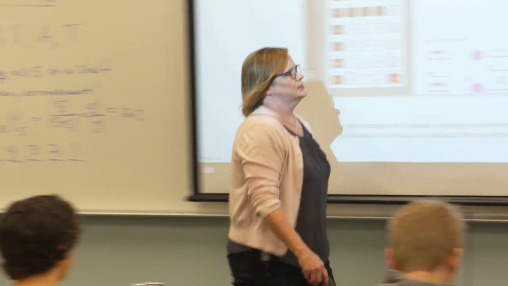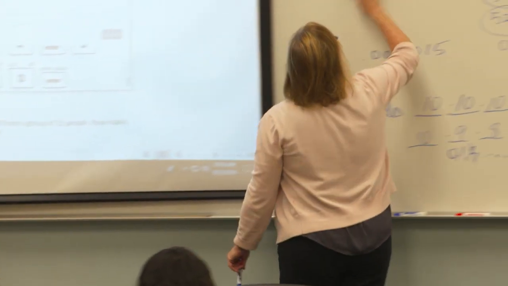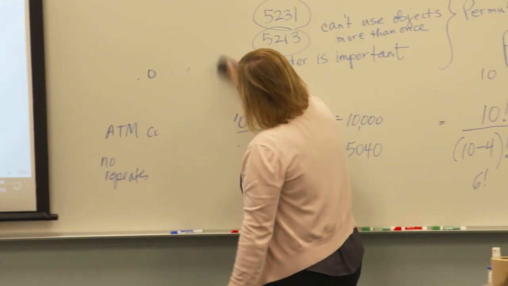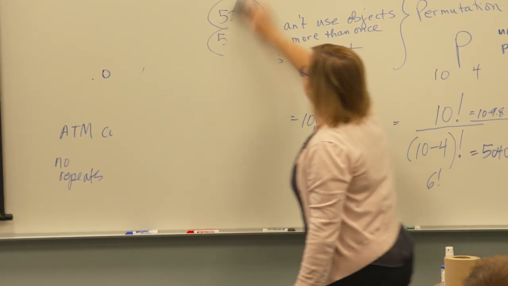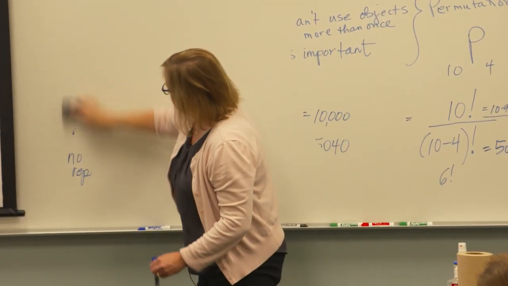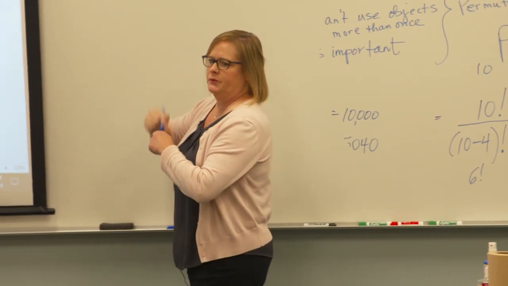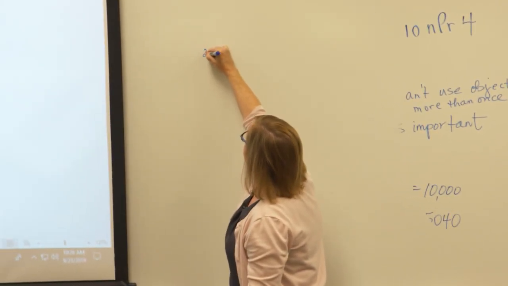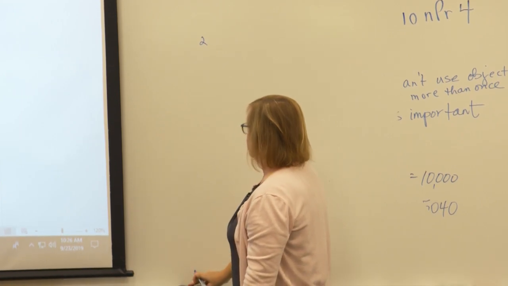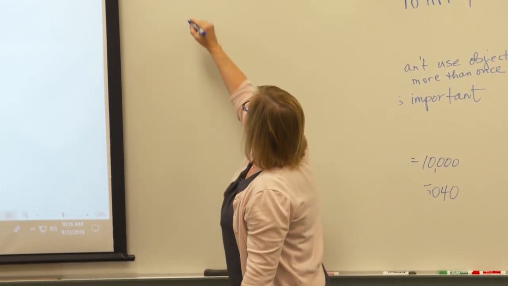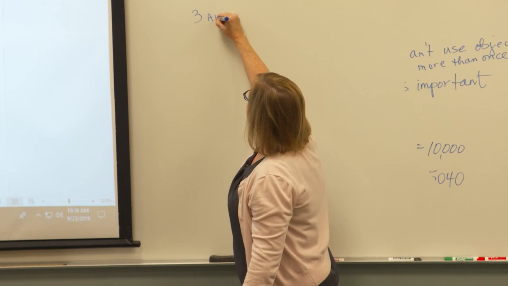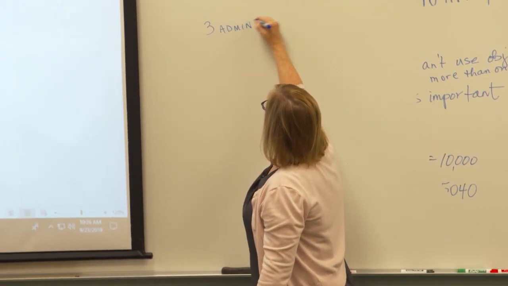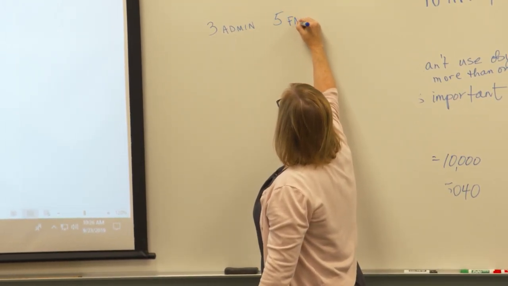Okay, let's say you have a committee and there's 8 people on it. So I have 8 people in a group. Let's go 3 are administrators and 5 of them are faculty.